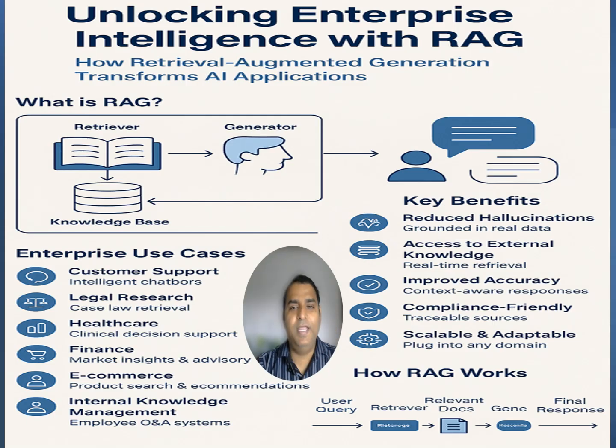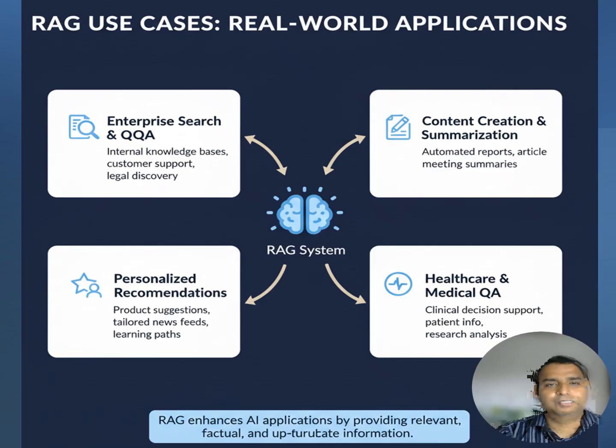Primarily, we have seen that the benefit of vector RAG is coming in most enterprise use cases. First, enterprise knowledge assistance, where people are creating internal systems that support their employees, like answering HR or IT policy questions.